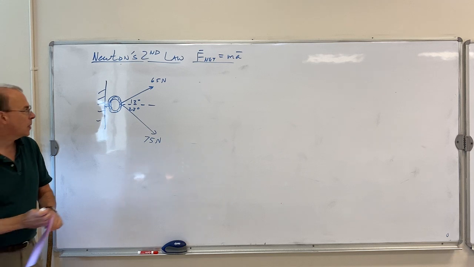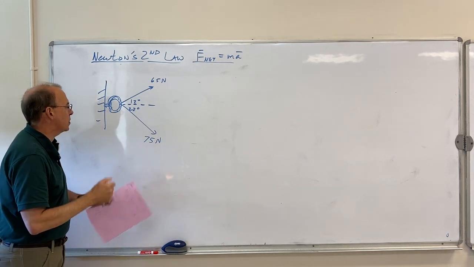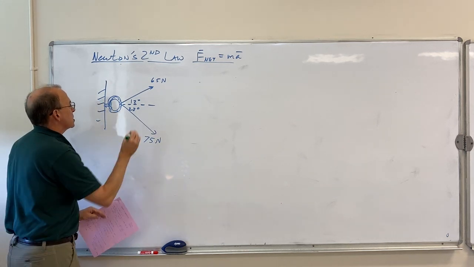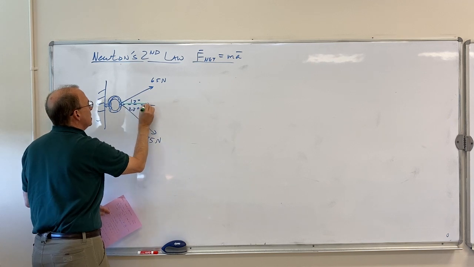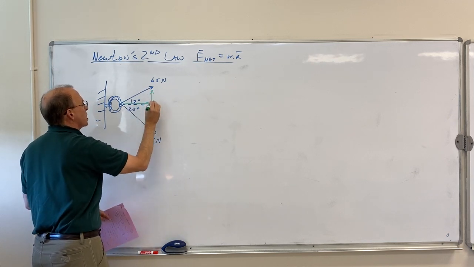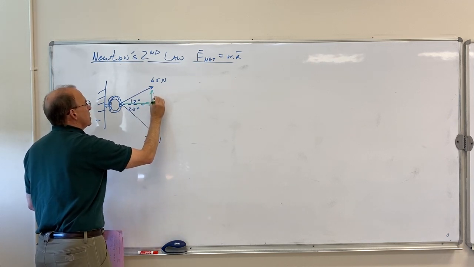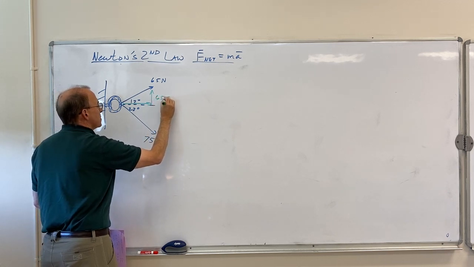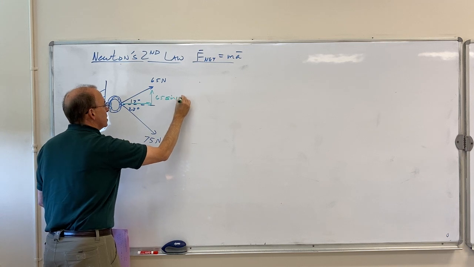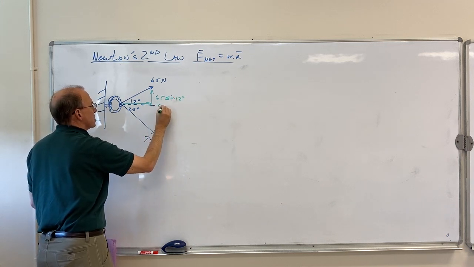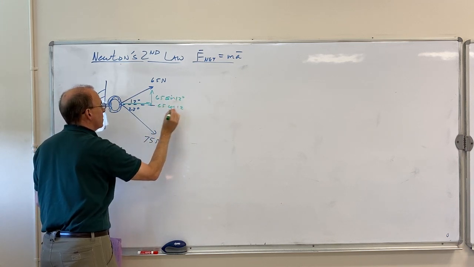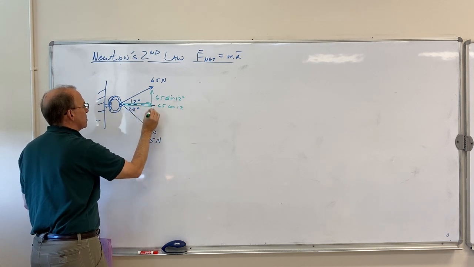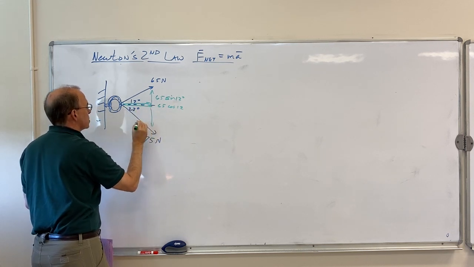So I just have to add up the x components and add the y components. So this one has an x component and a y component. This y component is 65 sine 12. Its x component is 65 cosine 12. This one has an x component and a y component as well.